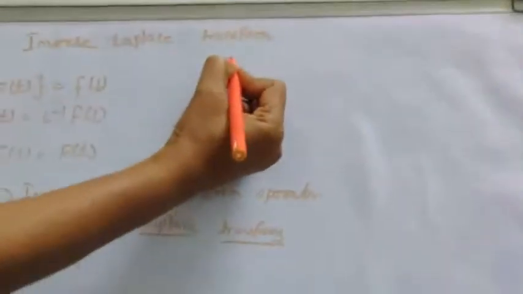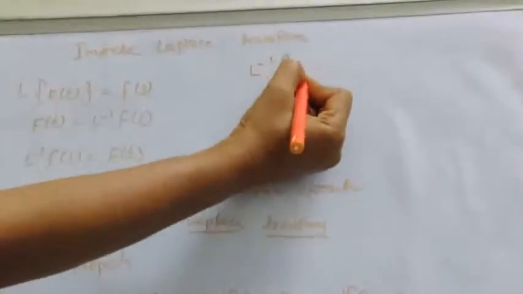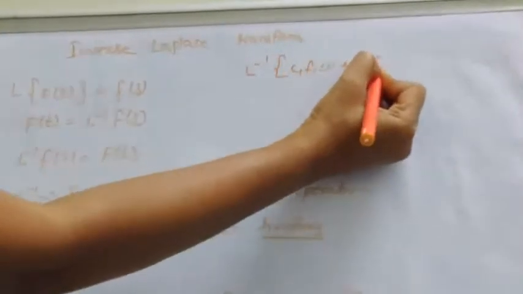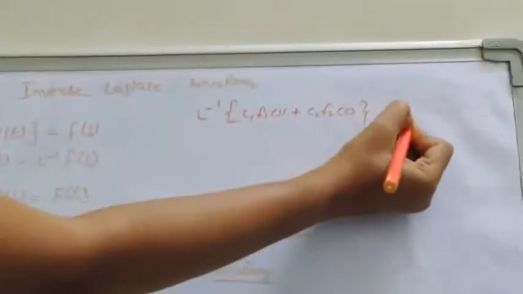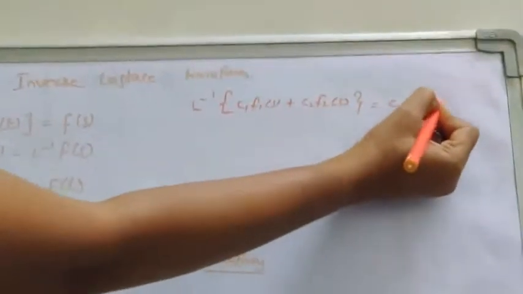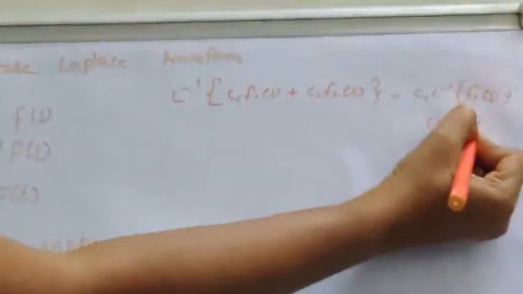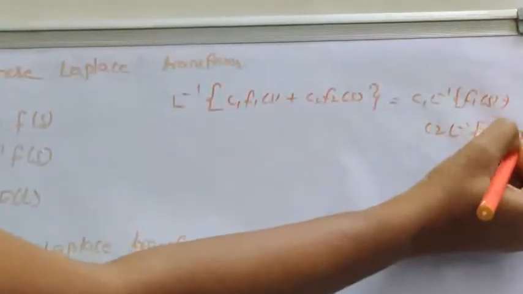Therefore, L inverse of C1 F1 of s plus C2 F2 of s is equal to C1 L inverse of F1 of s plus C2 L inverse of F2 of s.